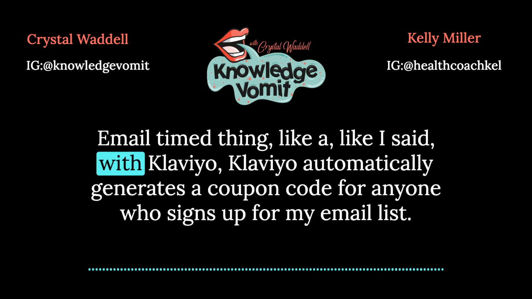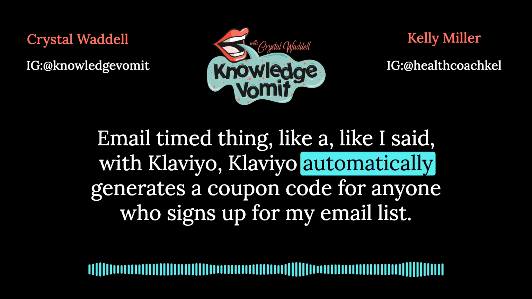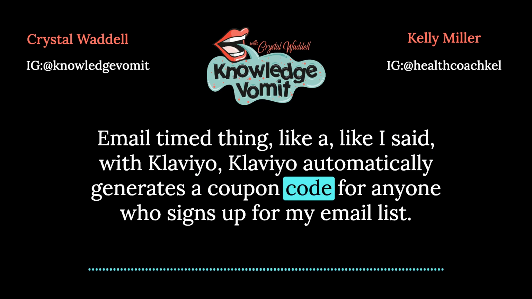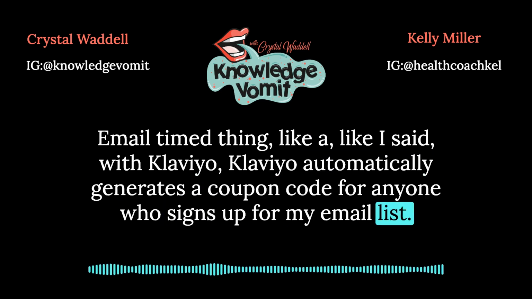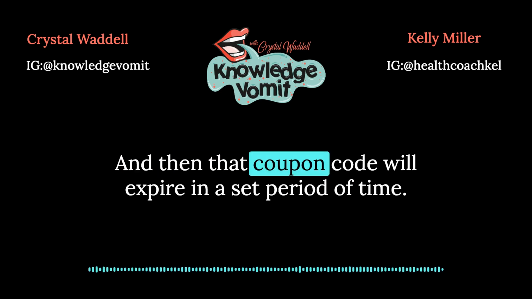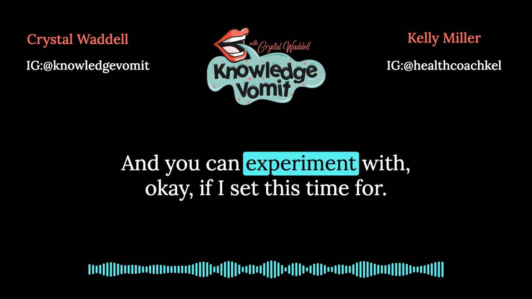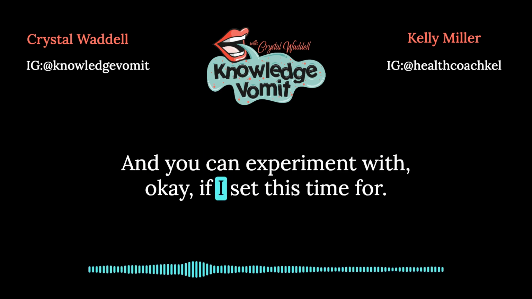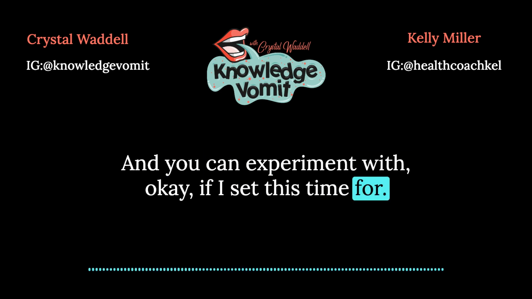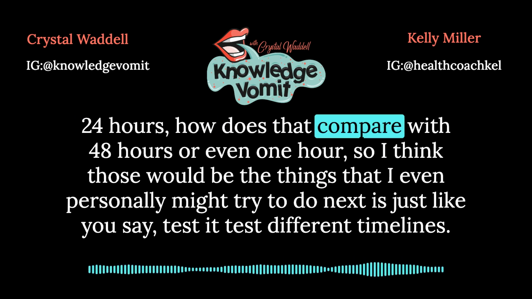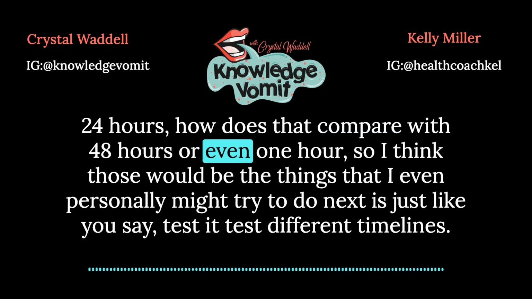Like I said with Klaviyo, Klaviyo automatically generates a coupon code for anyone who signs up for my email list. And then that coupon code will expire in a set period of time. And you can experiment with, okay, if I set this time for 24 hours, how does that compare with 48 hours or even 1 hour?